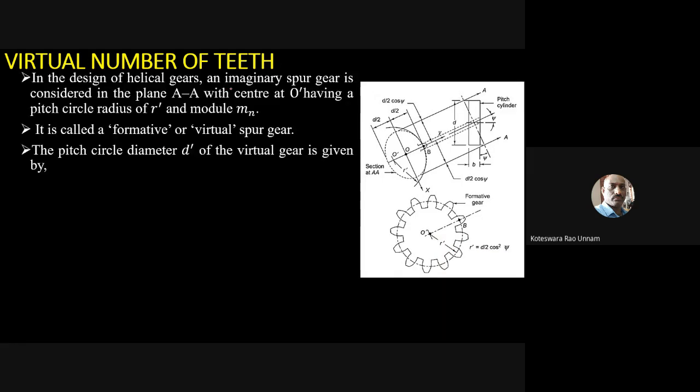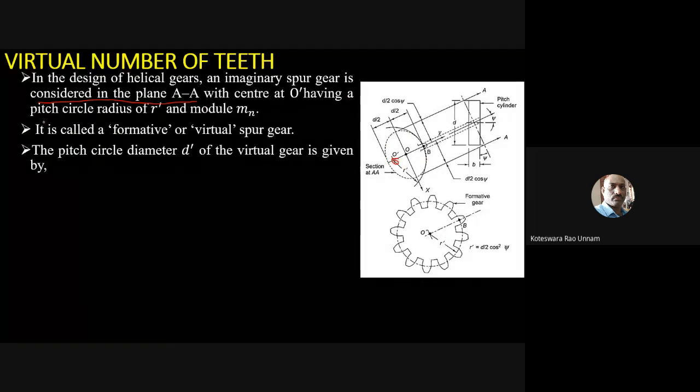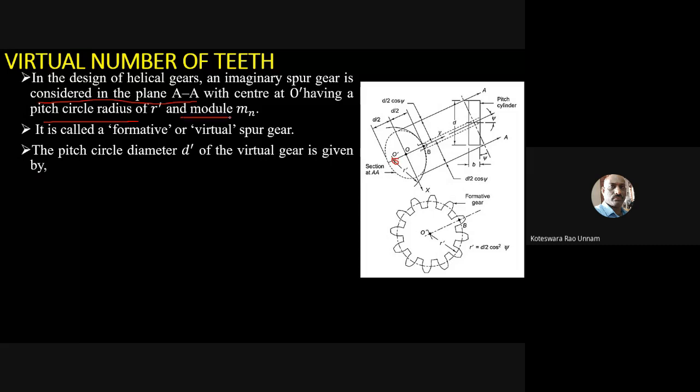In the design of helical gears, an imaginary spur gear is considered in the plane AA with center at O dash. Here the center is O dash, mapping this ellipse to a circular one having pitch circle radius of R dash and module mn. So the equivalent spur gear of a helical gear is defined like this: an imaginary spur gear considered in the plane AA.